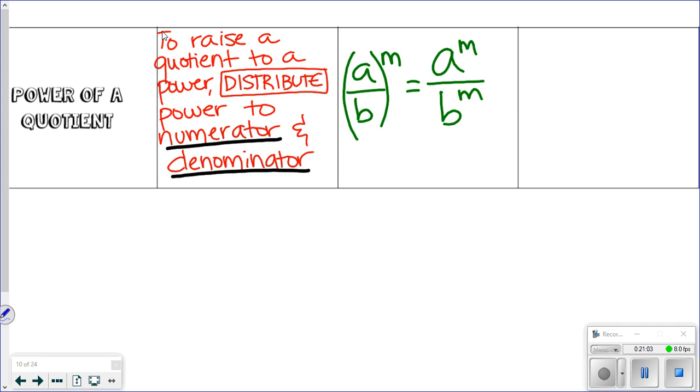Let's do 2 examples. So go ahead and try that one and get your answer.